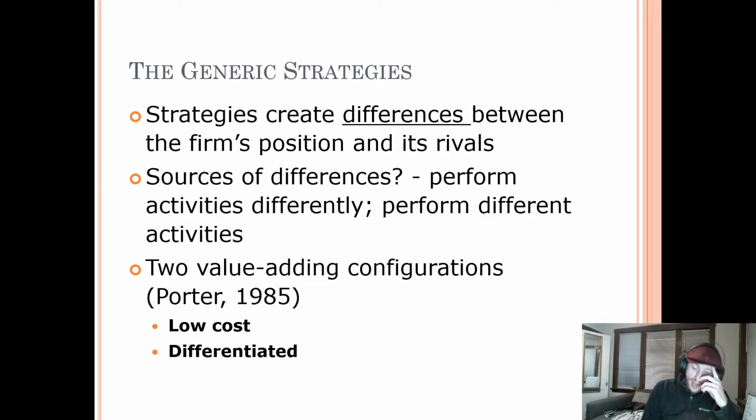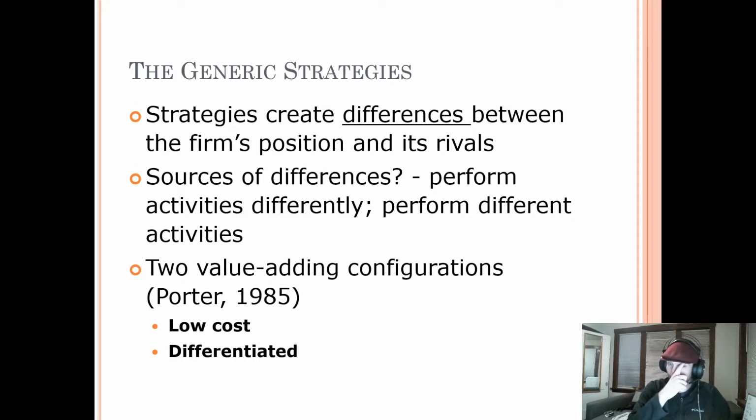Now, there are only two ways that we can create a difference between our firm and another firm. Now, this is kind of the wild point here, that you take a look at all of the hundreds of thousands of different businesses that exist in the world, right? There are only two ways with which they can create differences between themselves and rivals, right?